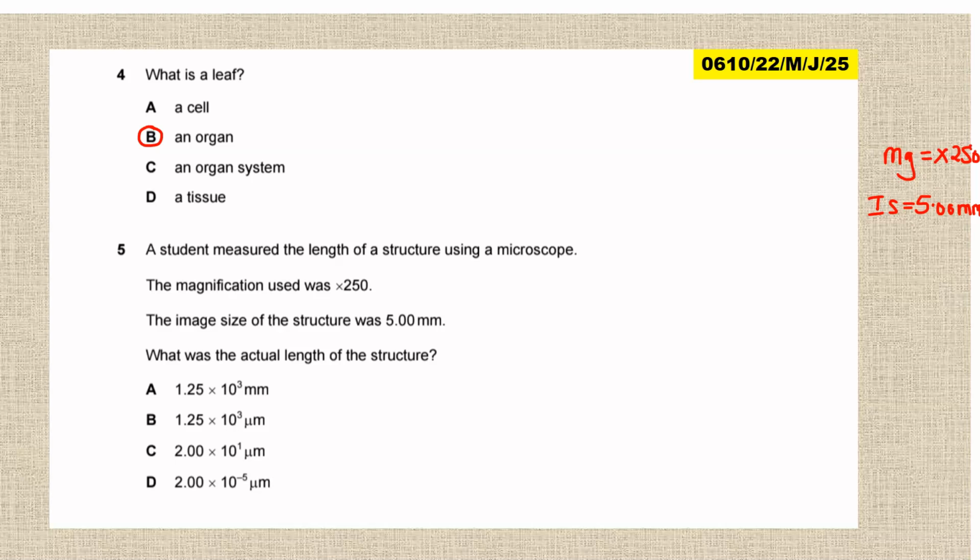What was the actual length of the structure? So look at this. Magnification, for lack of space, I'll write just mg, is image size on top, divided by actual size. Now, let me put magnification, which is 250. So I'm going to write the number here, 250 is equal to image size. Image size was 5.00 millimeter.